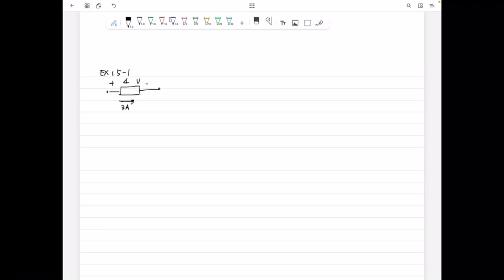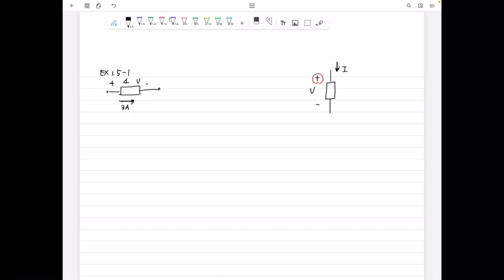So we have some device element right here, and we define the polarity of the voltage. We define this as V, and we need to define the direction of current flowing into this element. Generally, we define the positive direction of the current as going into the positive terminal of the voltage. Then the direction of current is in this manner here.